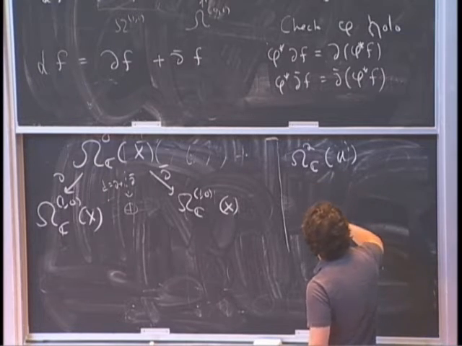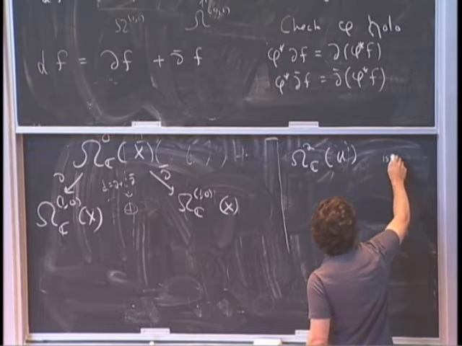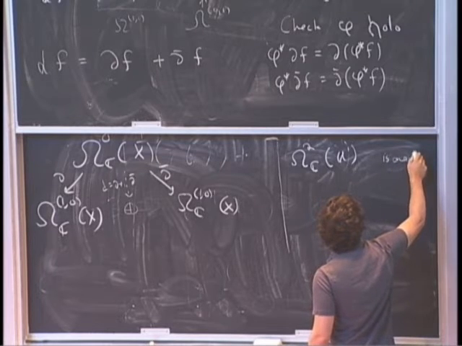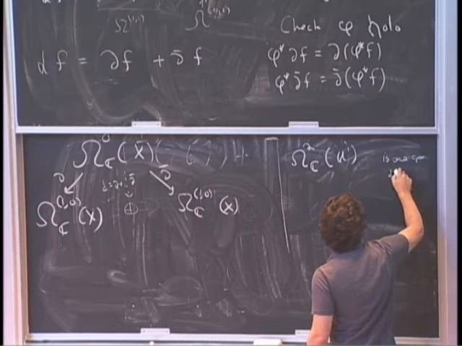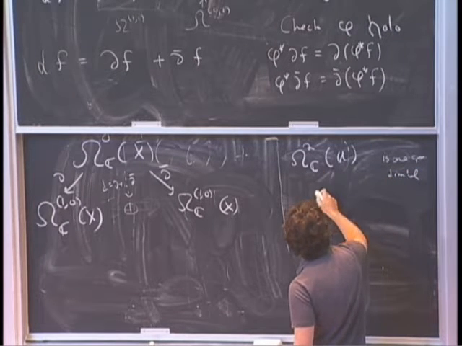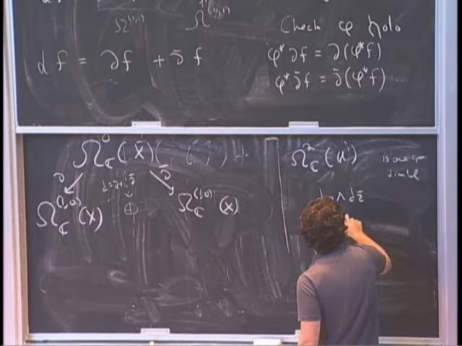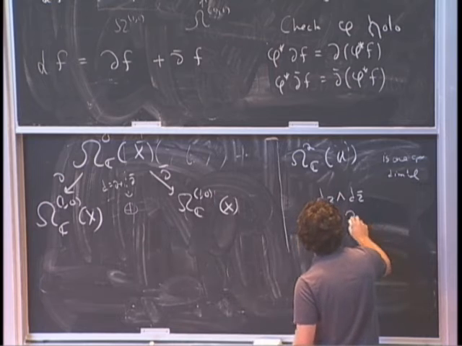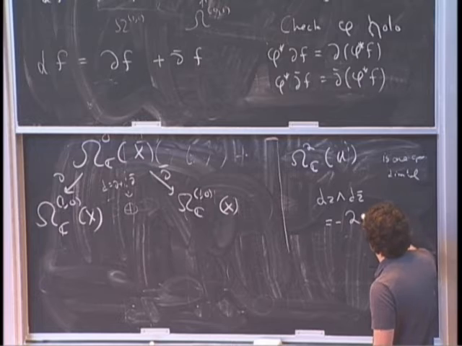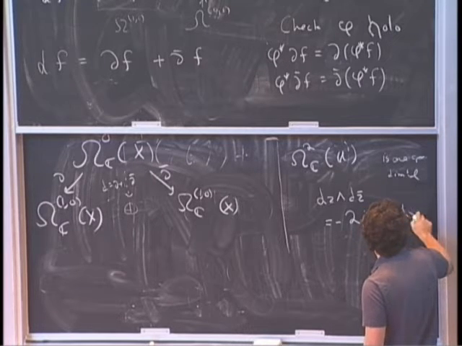You can see that this is really one complex dimensional at each point, and a general term in here is going to look like dz wedge dz bar, which, if one works it out from this formula and the anti-symmetric properties of the wedge product, is minus 2i dx wedge dy.